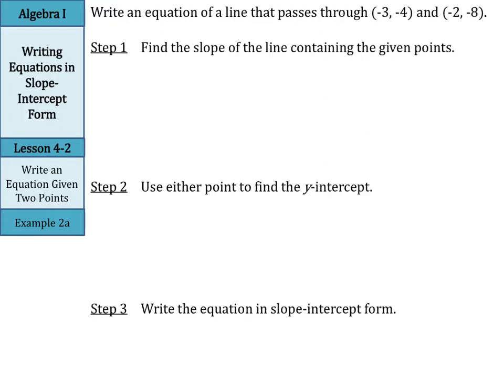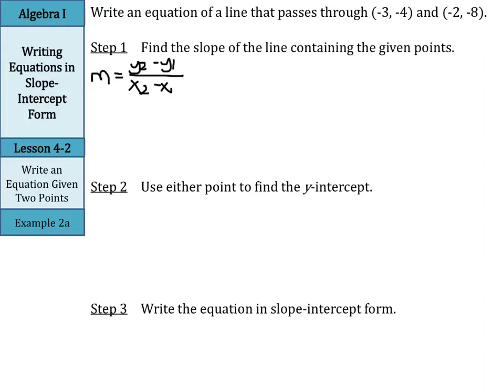Now, what do we do if we're just given 2 points? Well, we have a little bit more work here. We actually have to calculate the slope first. And remember, to calculate the slope, we have our slope formula: m equals y2 minus y1 over x2 minus x1.